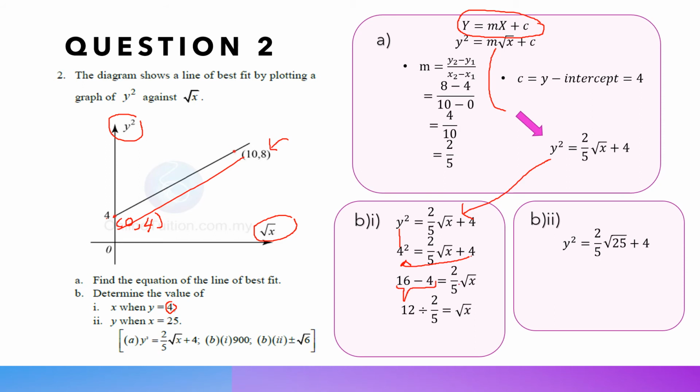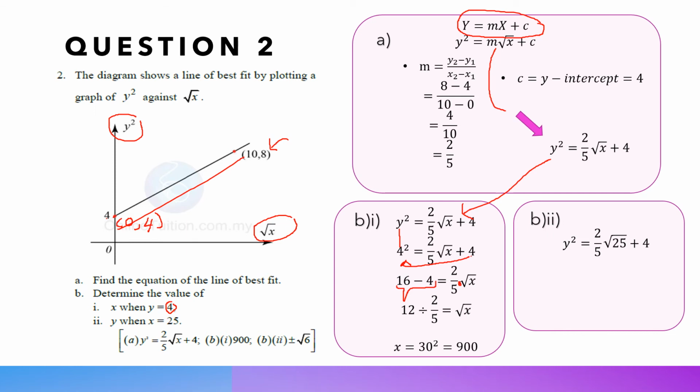Here is times. So move to the left, it becomes divide. So 12 divided by 2 over 5, you get 30. So now you want to remove this square root, it becomes 30 squared, so it equals 900. This one you need to do step by step so that you manage to get the answer.